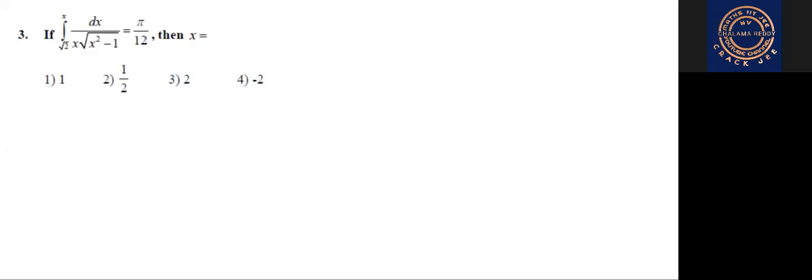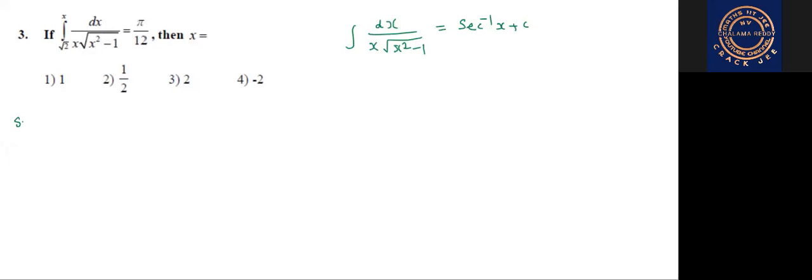If the integration from root 2 to x of dx by x into under root x square minus 1 is equal to pi by 12. Generally we know that formula for integration dx by x into under root x square minus 1. What is the formula? This is secant inverse x plus c.